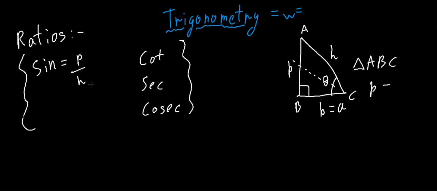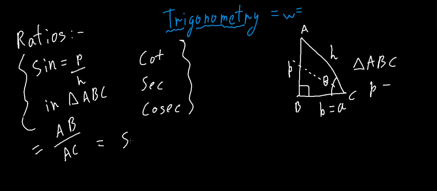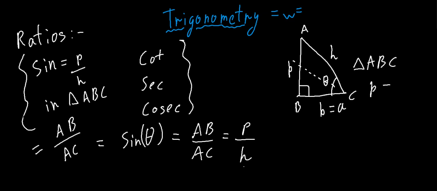So in sine we have P by H. In the case of triangle ABC, there's one important thing: the angle theta is given on angle C, making the perpendicular AB and the hypotenuse AC, making sine theta equal to AB by AC, and that is also equal to perpendicular by hypotenuse. So this is how it goes.